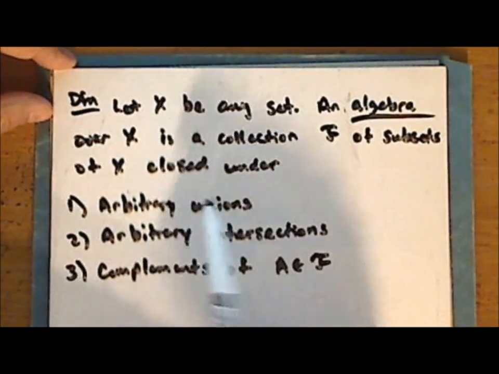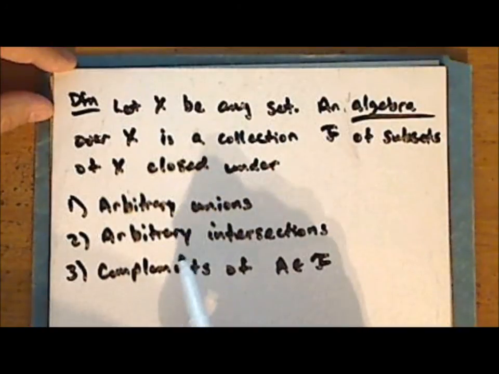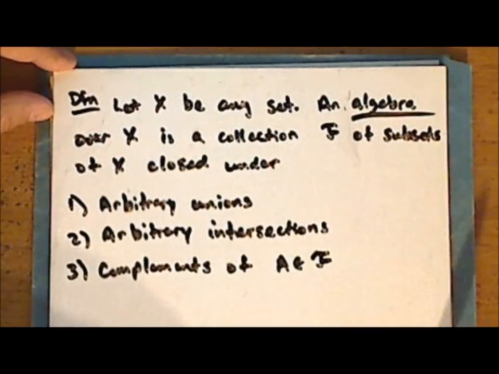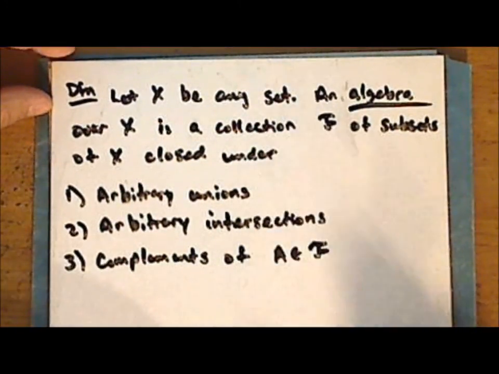Any union of elements in the collection F is once again in the collection F. Any intersection of the elements in the collection F is once again in the collection F. And the complement of any subset in the collection F is once again in the collection F.